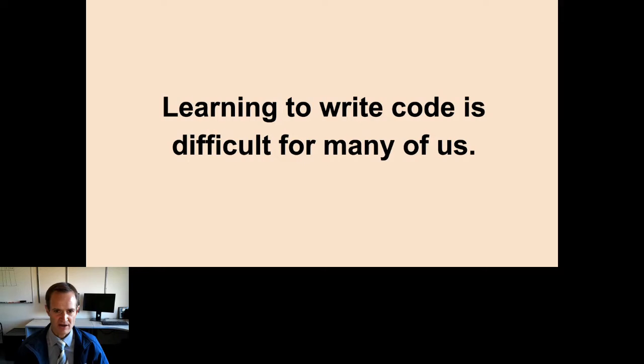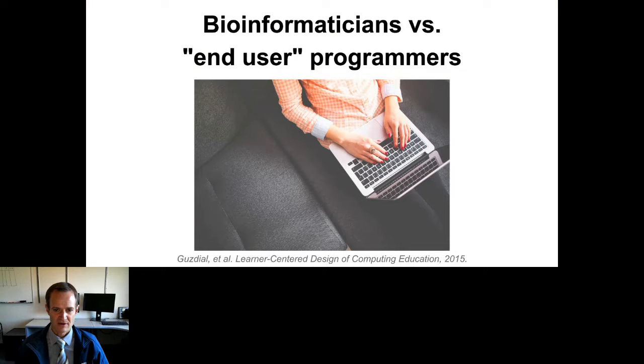Okay, and I also want to point out this idea, in the computer science education literature, the term end user programmers is used. It's this idea that in an interdisciplinary context, many times the goals for learning or the goals for research are different than for, say, a computer scientist, who is earning a degree, and their goal may be to become a professional programmer where programming is their primary responsibility.